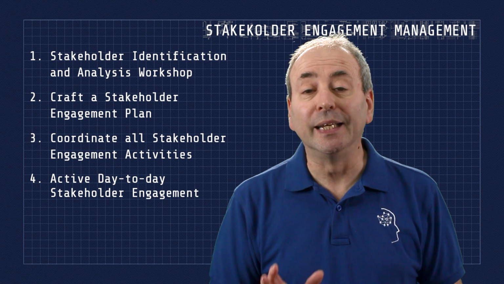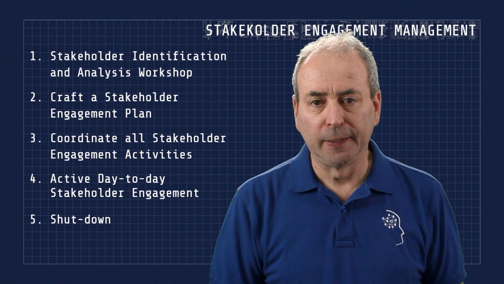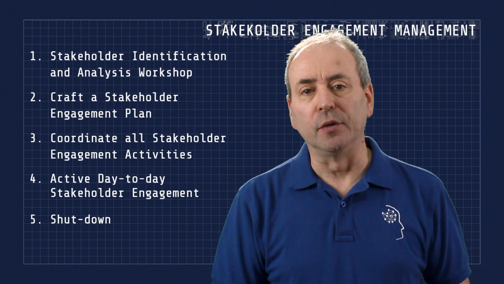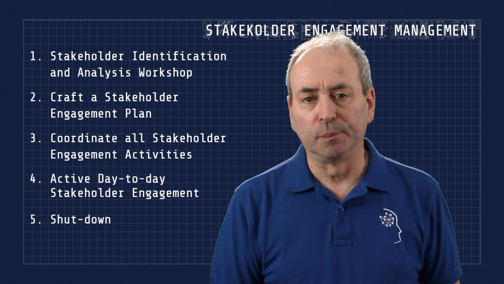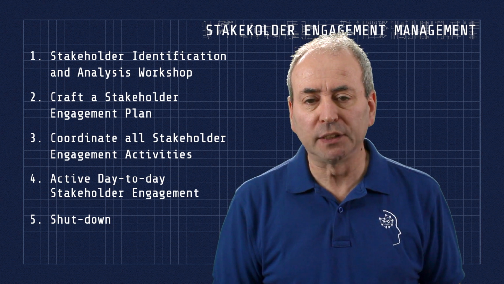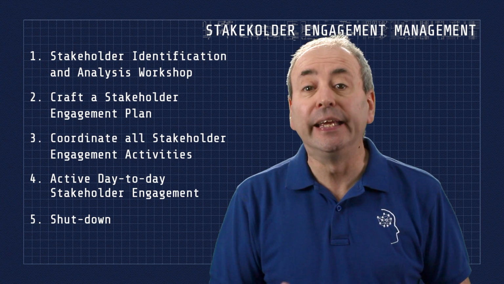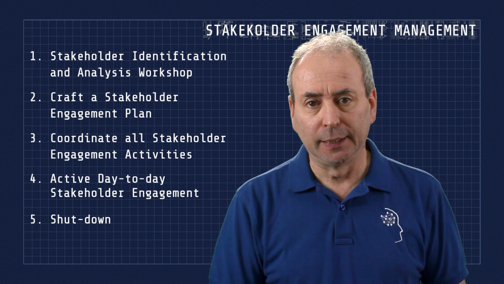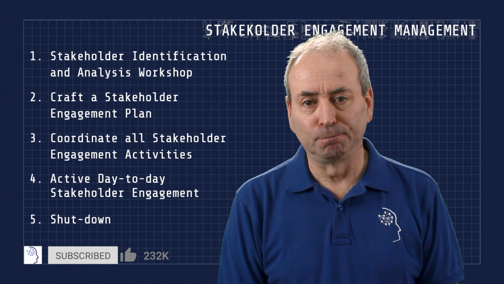The fifth step is shutdown. Like all important endeavours, at some point we need to close down the things that we're doing in an orderly manner. The last step of the stakeholder engagement management process must therefore ensure that all relationships either come to an end or continue beyond the project in as productive and respectful and positive manner as possible.